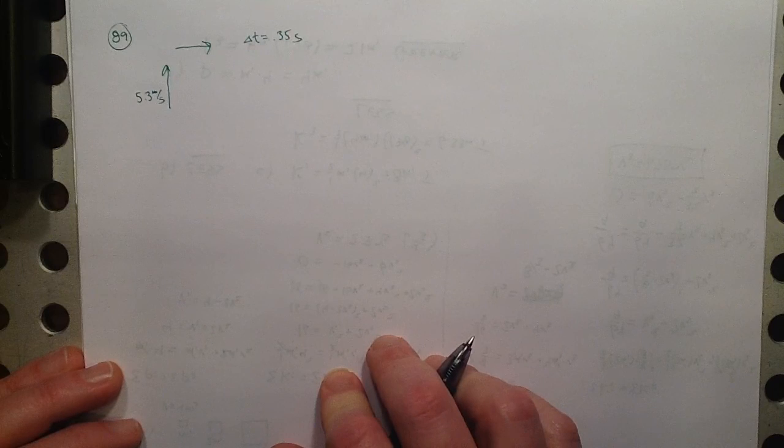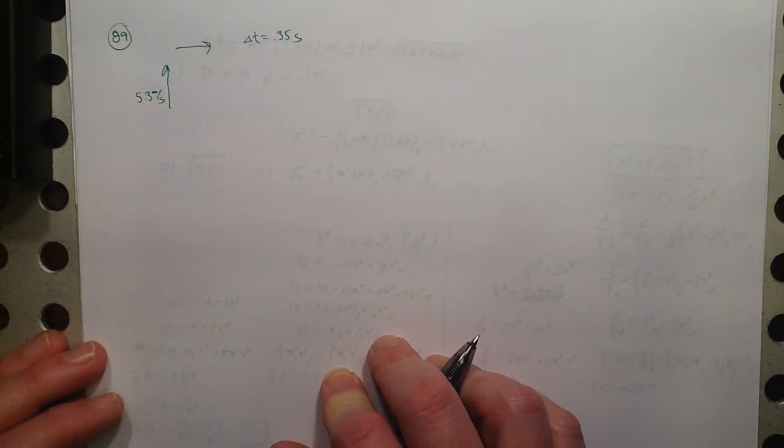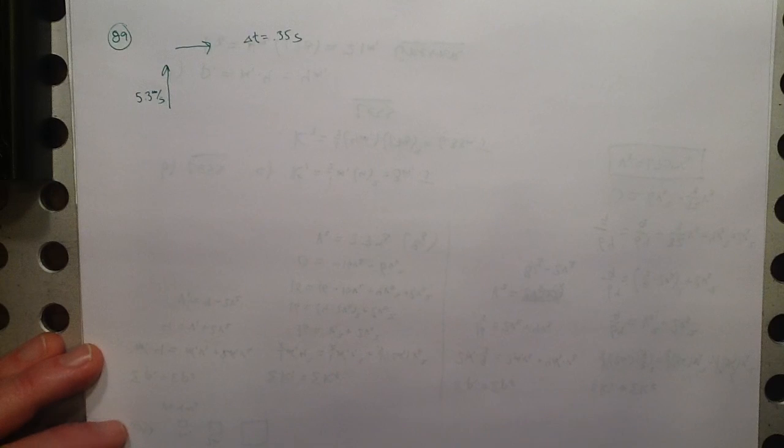In unit vector notation, what's the impulse on the car due to the turn and due to the collision? And I suppose we're supposed to presume that the speed, as the driver makes the turn, that the speed of the car does not change. I don't see anything to indicate otherwise.